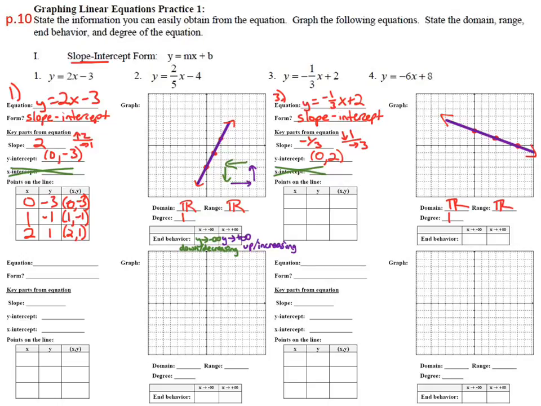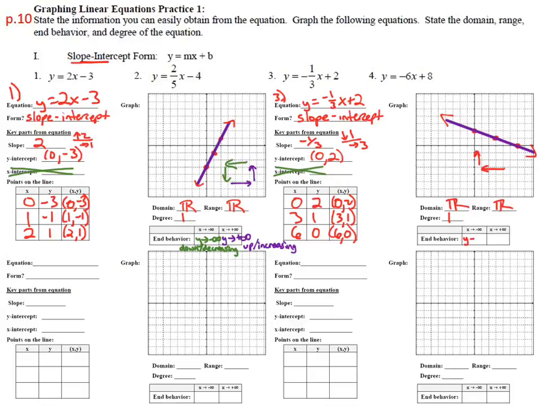So the points that we drew on our line, we started at our y-intercept of 0, 2. Then moving down 1 to the right 3, that puts us at 3, 1. And then our last point was at 6, 0, our x-intercept. But since we did not get that from the equation, we're not going to put that in the key parts from the equation section. And our end behavior here, looking carefully, as x goes to negative infinity, so as our x values get smaller, our y values are increasing.